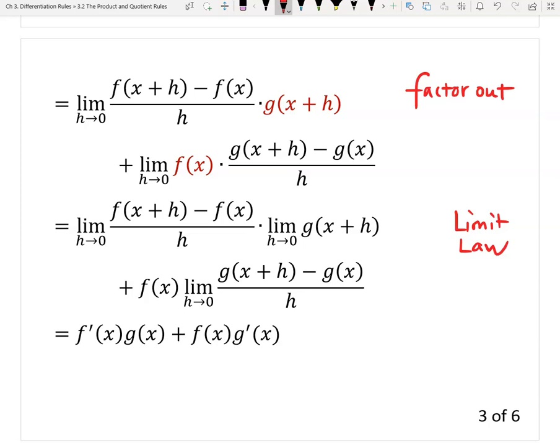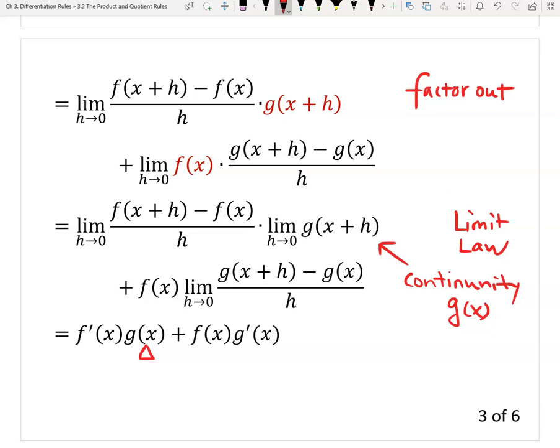Because of continuity. If someone looks at the second term, it's continuous, so the answer is g(x). You can directly substitute. That's why here is g(x). Why is it continuous? Because g is differentiable. Differentiable, then it should be continuous, right?